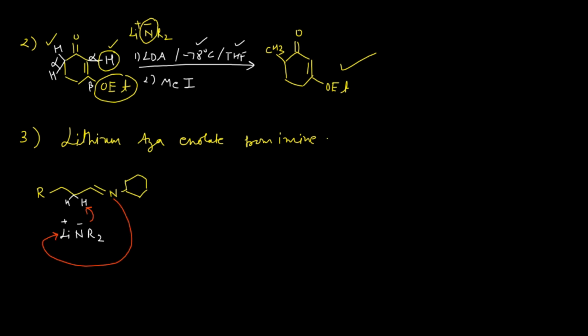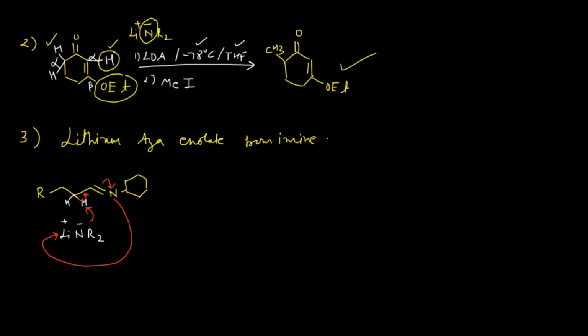And this bond will be pushed back onto this particular position. So this will come here and that will grab the lithium from here, and then your nitrogen will grab hydrogen from this alpha position, and this bond will be pushed back onto this particular position when you use LDA.